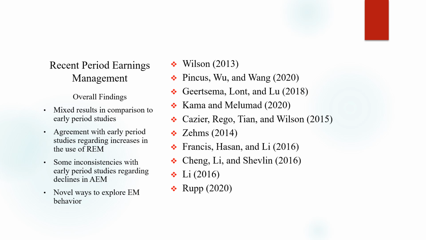So the idea here is some of those papers right after Sarbanes-Oxley found this lowering of accruals earnings management. And what Kama and Melumad say is what was really going on during that time is firms started to manage that accruals cash conversion. And by doing that, they were actually camouflaging what was going on with their accruals earnings management.